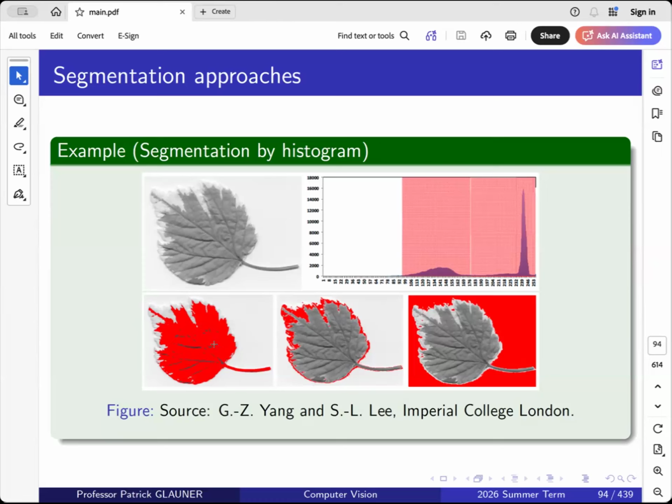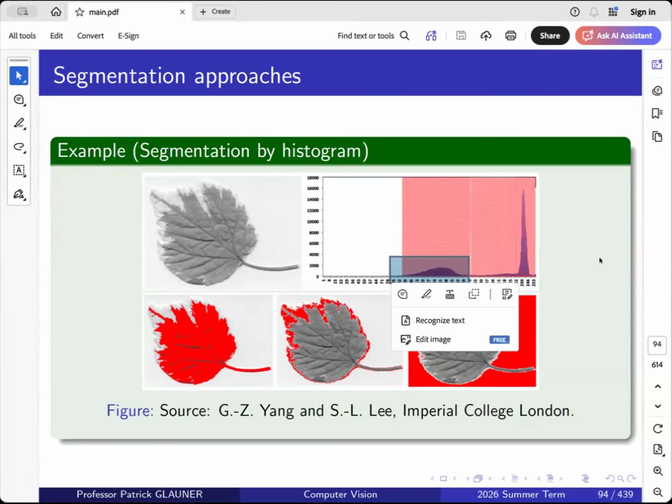We could also try to filter the dark part of the leaf, which would be probably everything around here, around this peak, and that would be largely the pixels of the leaf, except the edge of the leaf.